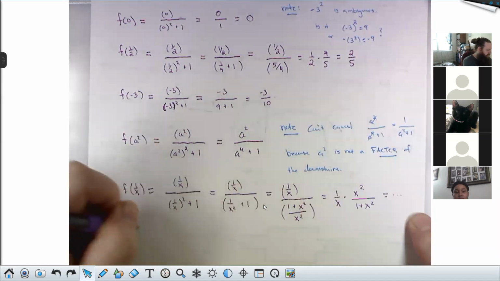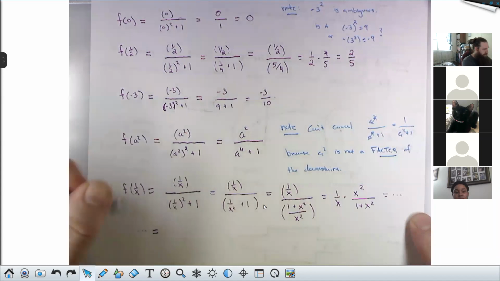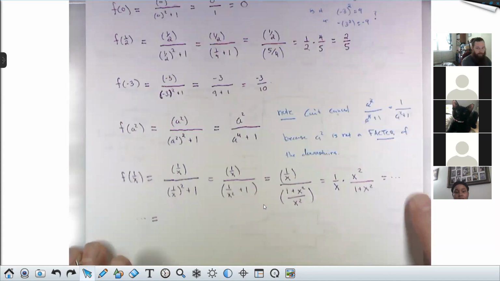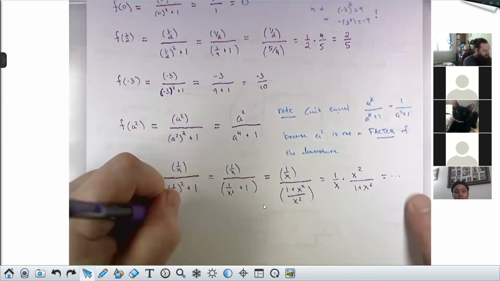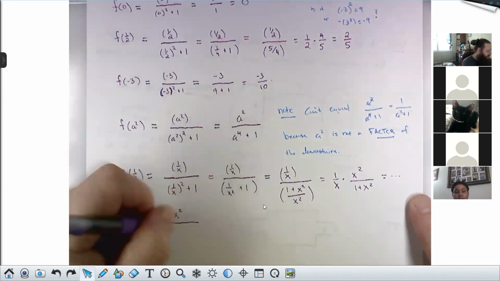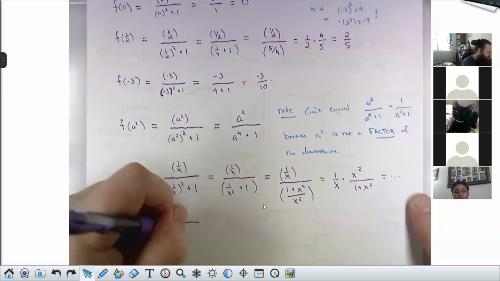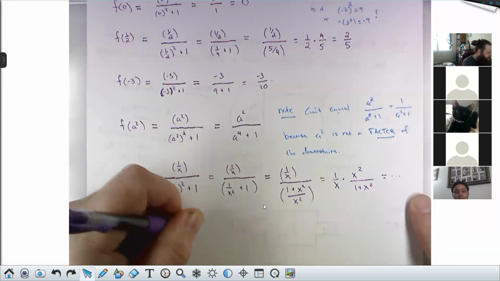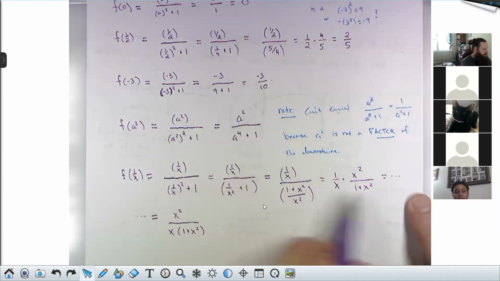Let me continue this over here. Can you cancel an x from both sides? Yeah, there's a factor of x top and bottom that I can cancel. It's not coming from the 1 plus x squared. It's this x and one of these x's.